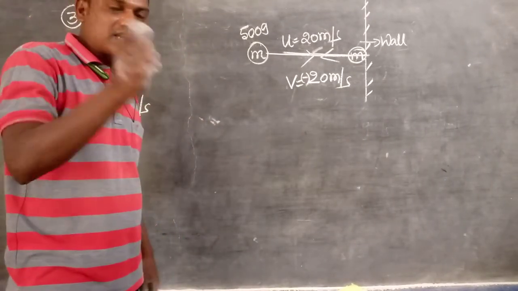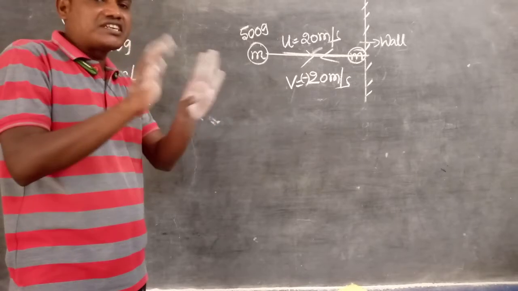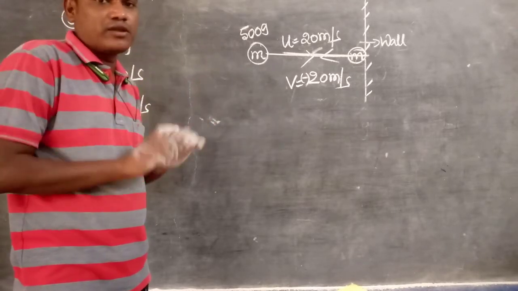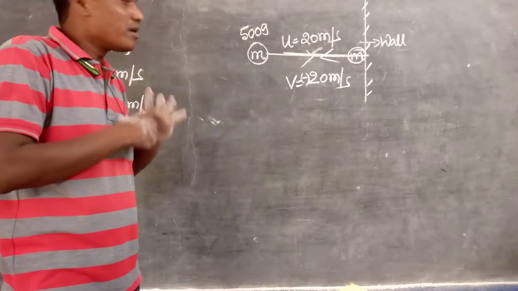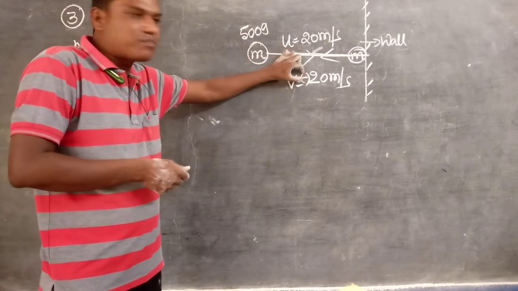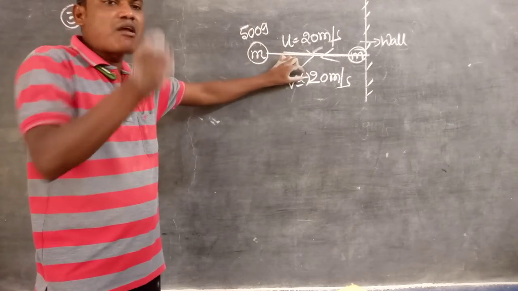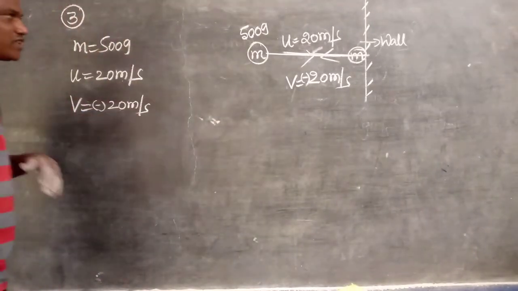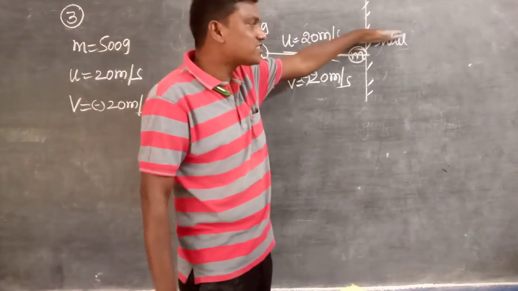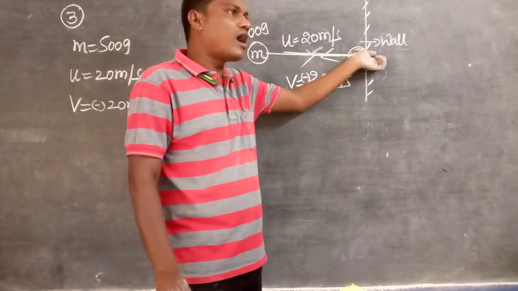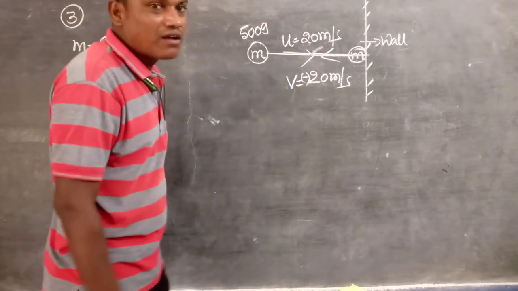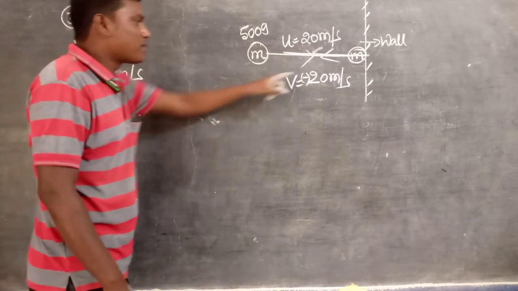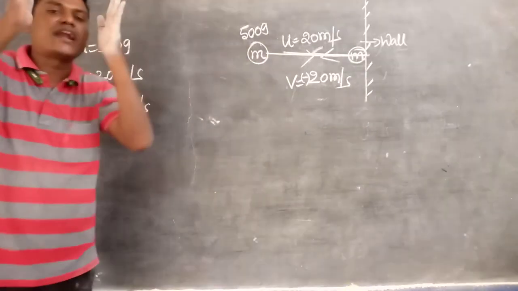Listen very carefully. Generally magnitude does not have any negative value; it is always positive. But this minus symbol represents the opposite direction from the initial. The initial direction is towards the east, and after touching the wall it bounces back towards the west side. That's why the minus represents only the direction.